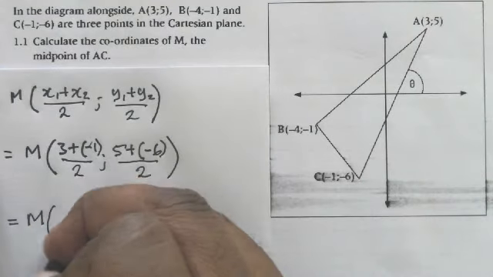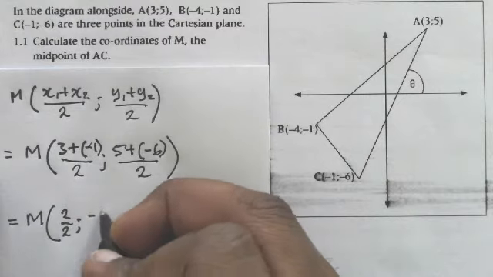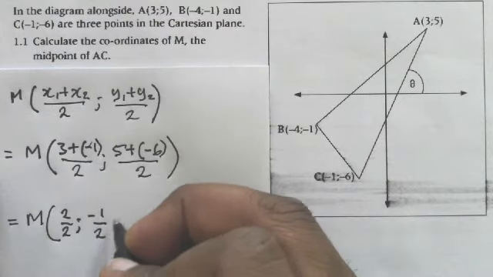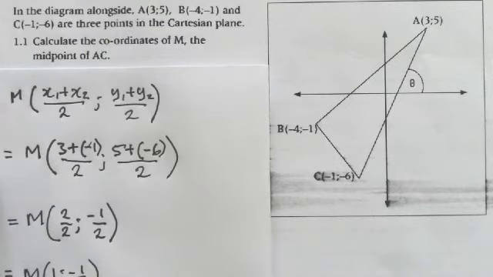Let's calculate that. 3 minus 1 is 2, so over 2. And 5 minus 6 is -1, so -1 over 2. Our midpoint now: 2 divided by 2 is 1, and then this is -1/2. So that is the midpoint. That's the answer to 1.1.